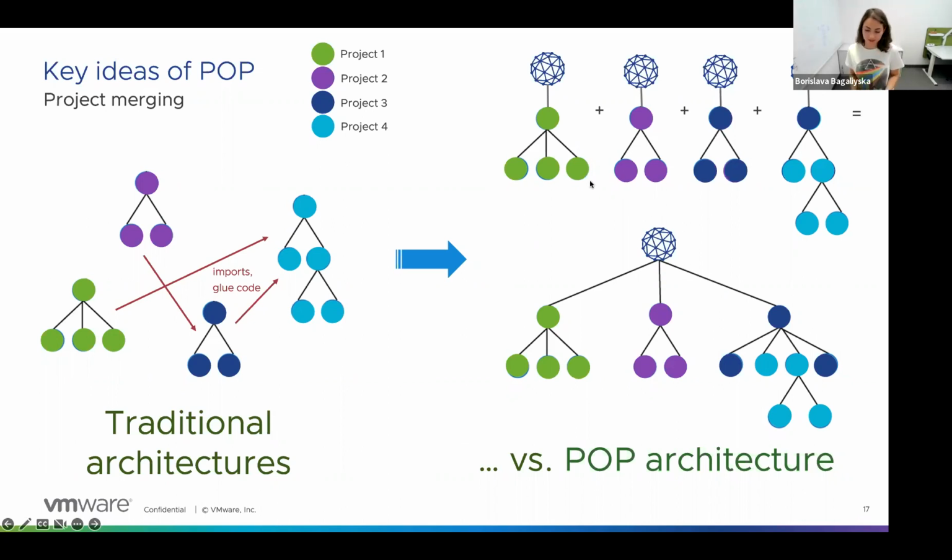You still have the same 4 projects, but they have the same roots. And then you have this concept of project merging, which means that even though the projects are in different repositories, once you install them at runtime, you will have all projects running as one under one common root. And this gives us the ability for one project to invoke another without any glue code, because all this merging is handled internally by the POP framework.